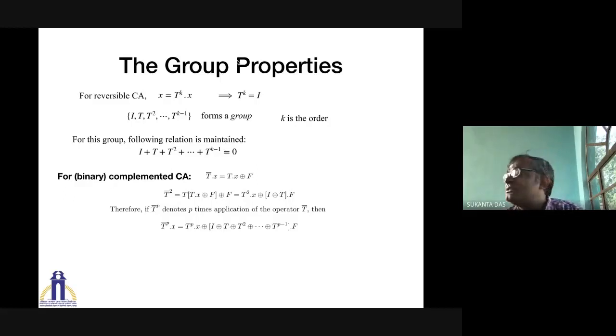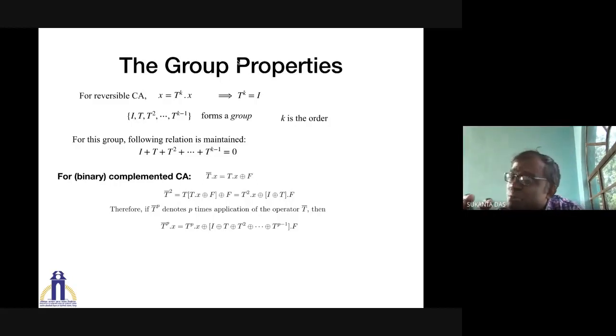I will have the next one, in this way. Here I am defining an operator.